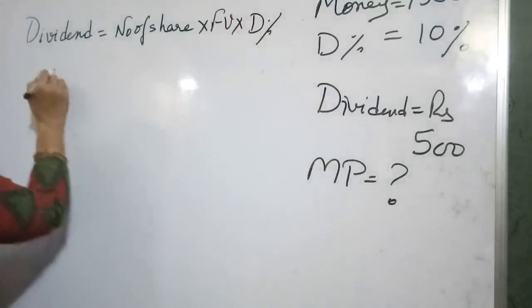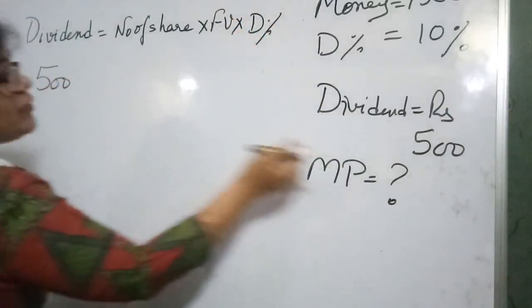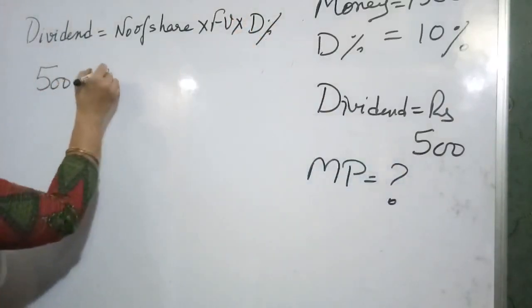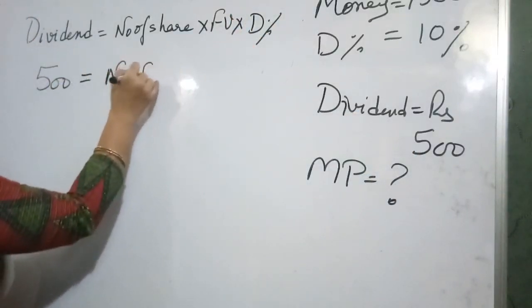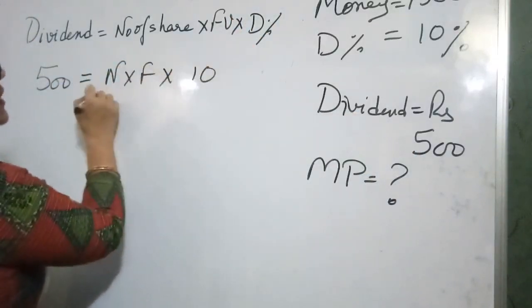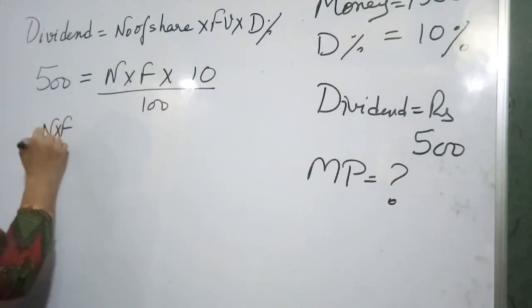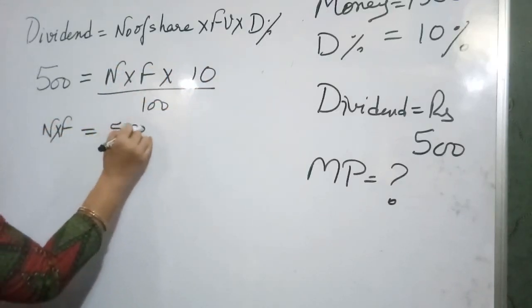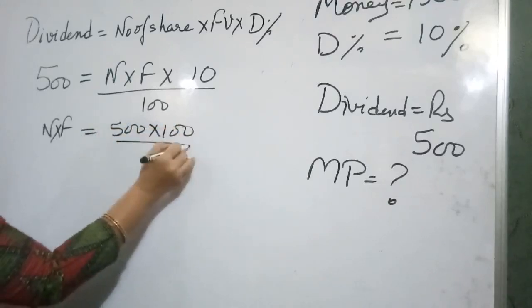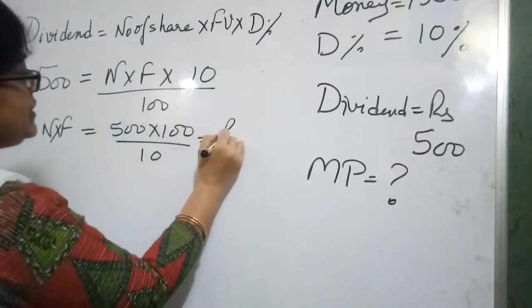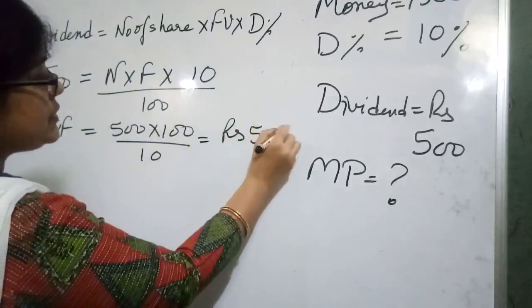So dividend received is 500. Just see over here, number of shares I don't know, face value we don't know, and dividend percent is 10%. So number of shares into face value is equal to 500 over 100 over 10. That means we have rupees 5000.